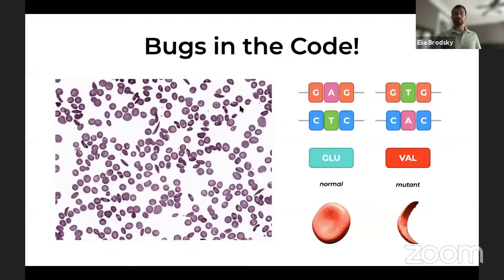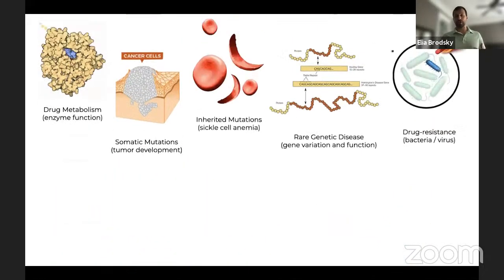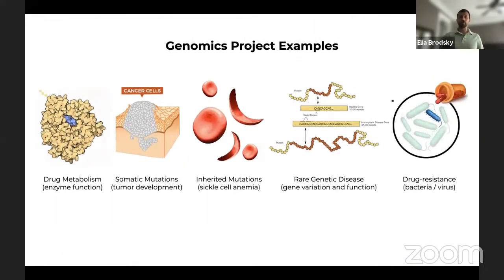And so these bugs in the code could result in major changes that are associated with a few different important biomedical challenges. And these include drug metabolism. So for example, the function of different enzymes that process the drugs that are prescribed to patients. And that could result in patients being non-responsive to treatment, or maybe even having a toxic reaction to a treatment.